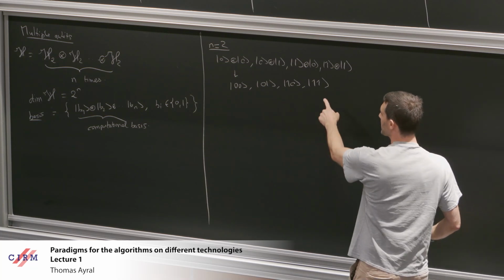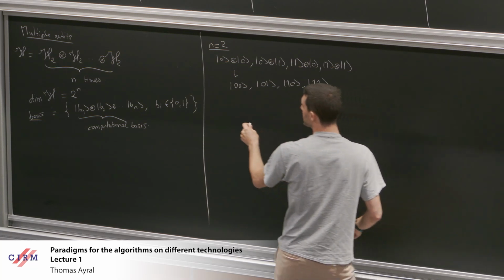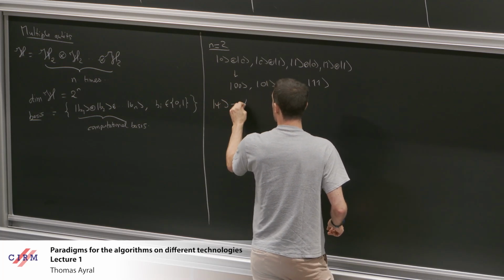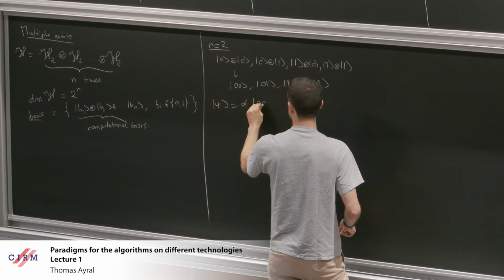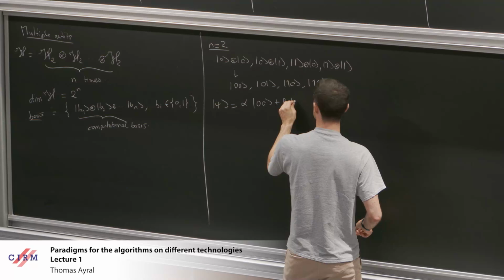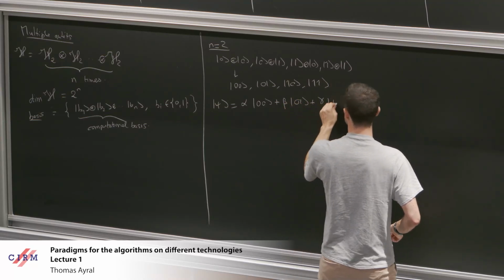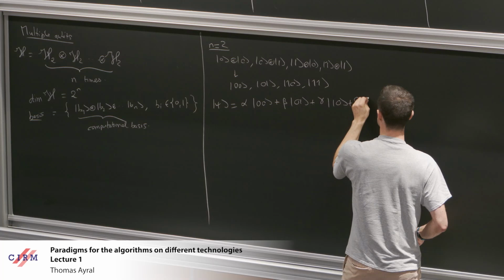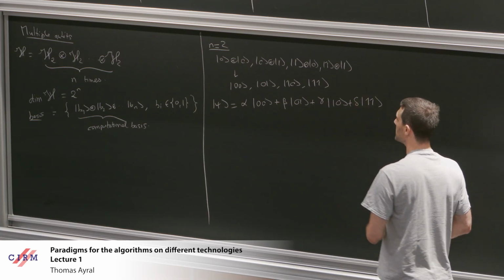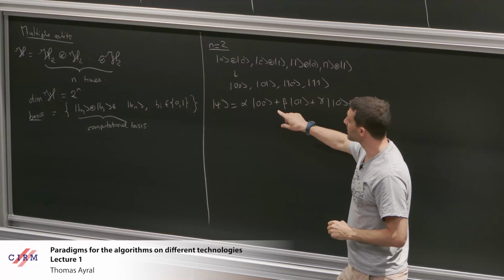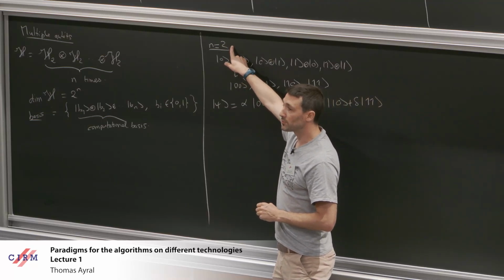And so you see, of course, now I have 4 states. It means that any state psi of 2 qubits can be written as alpha |00> plus beta |01> plus gamma |10> plus delta |11>. So you see, I need 4 complex coefficients now to describe a state of 2 qubits.